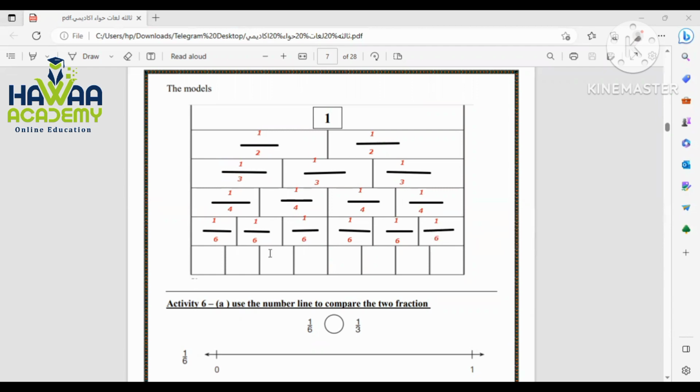Okay, the last one, how many parts is it divided into? 1, 2, 3, 4, 5, 6, 7, 8.